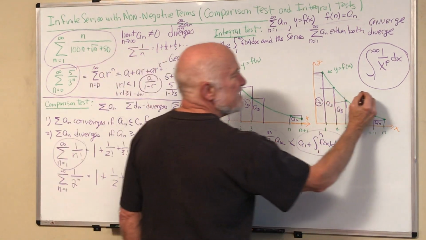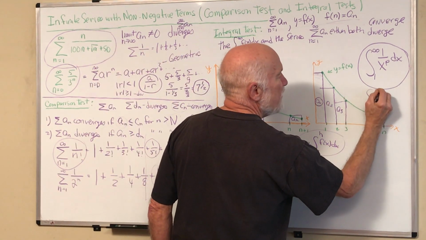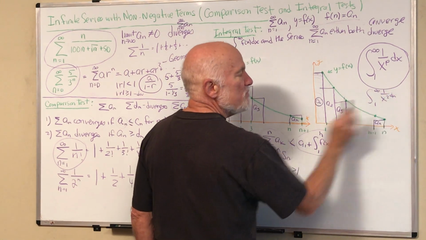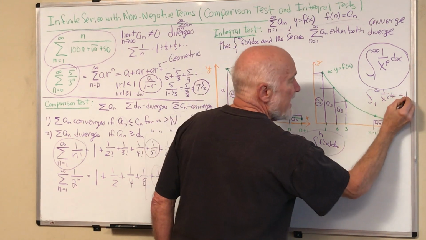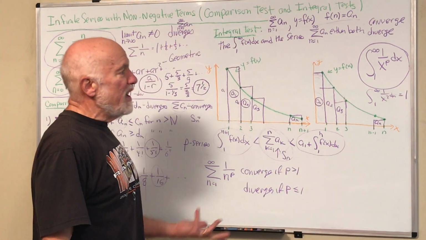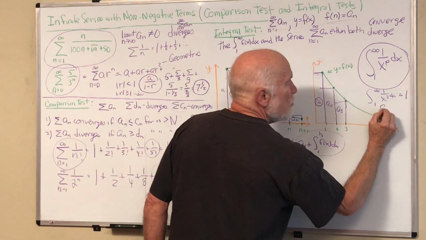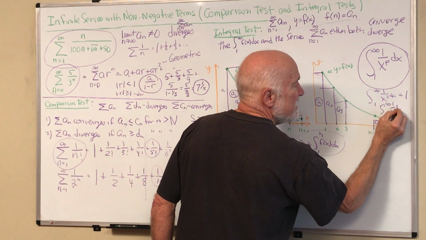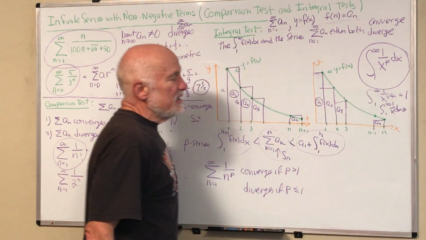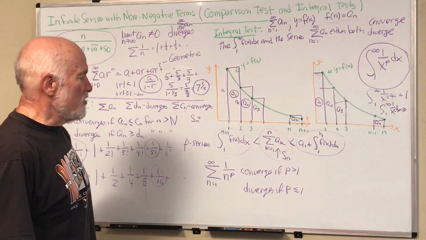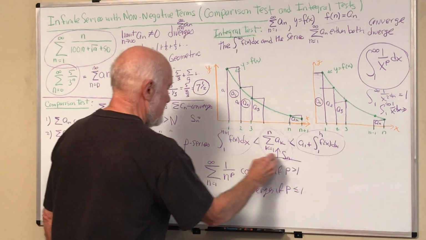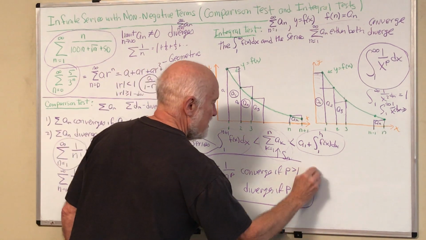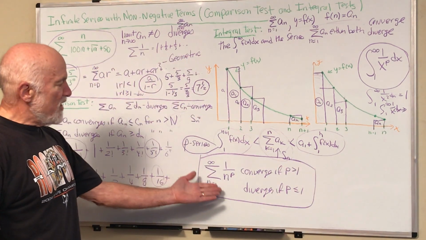You remember when we did the integral from 1 to infinity of 1 over x squared, when p was greater than 1, that only turned out to be an area of 1. When we took the integral from 1 to infinity of 1 over x dx, it diverged to infinity. So we can use the same thing for a p-series test, anytime we get 1 over n to the p.